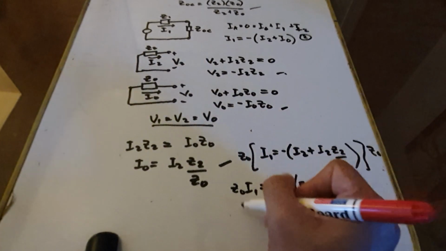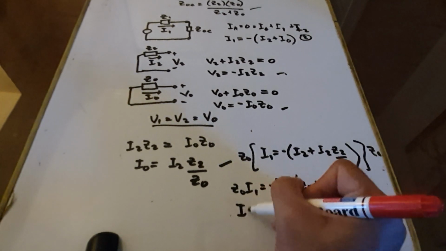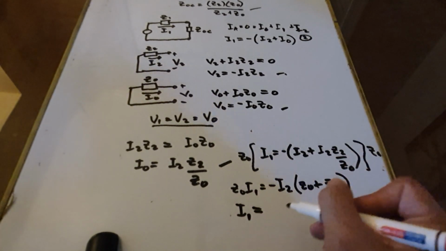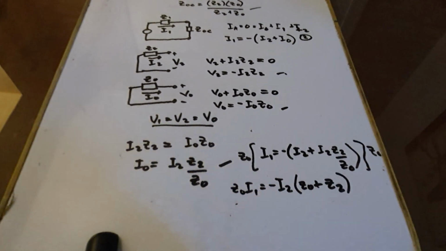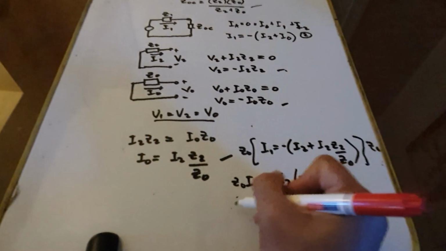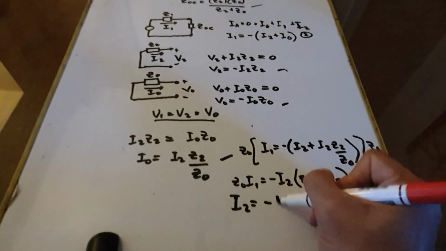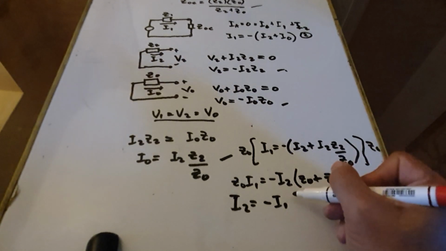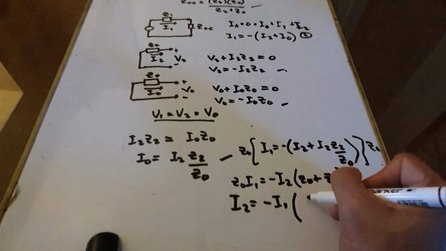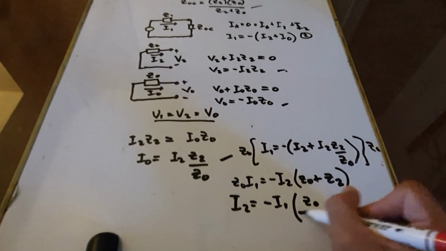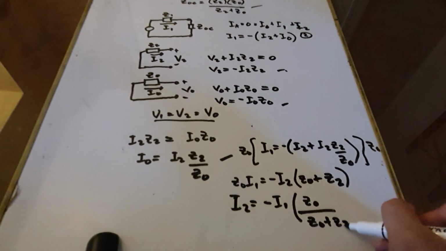So therefore I2 is equal to negative I1 Z0 over Z0 plus Z2.